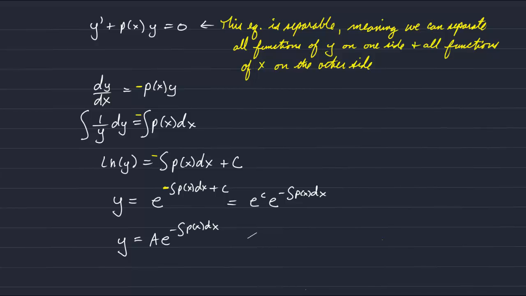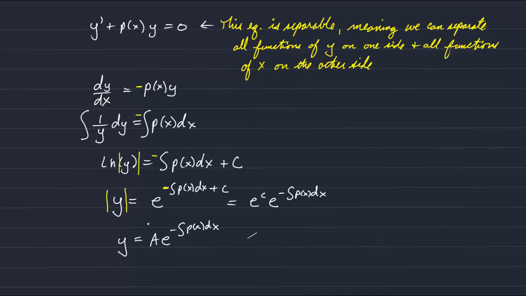Another detail I'm sort of glossing over here, but let me fix this. So we know that the log of the absolute value of y is equal to this, and therefore the absolute value of y is equal to e raised to this exponent.